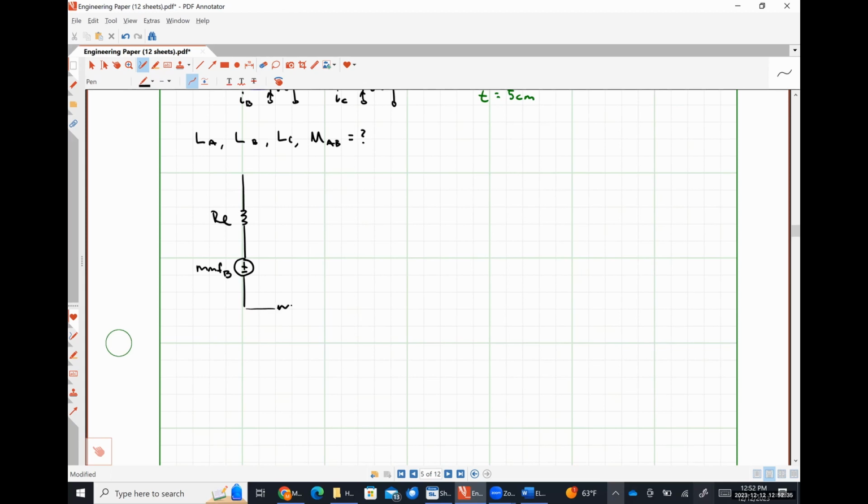Then I have my bottom left branch. Up here, I'm going to have my top left branch. In the middle, I'm going to have some reluctance. Let's call it R sub M. I have coil A's MMF. And then in series with that, I'm going to have the reluctance of my air gap.